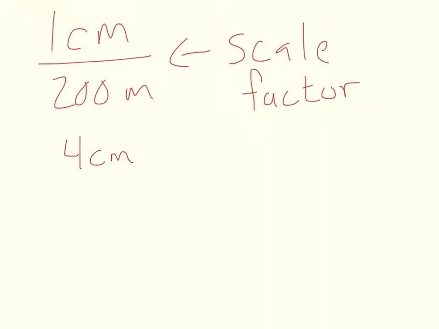The numbers in the numerator are always going to be the scale drawing or the scale model. The numbers in the denominator will always be the actual numbers from whatever the object is, whether it be the actual distance, or the actual height and weight of something, or the actual length and width of something.